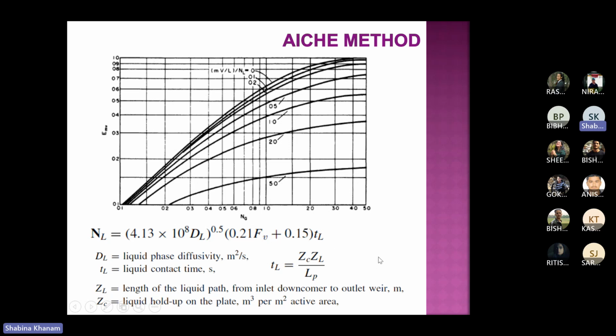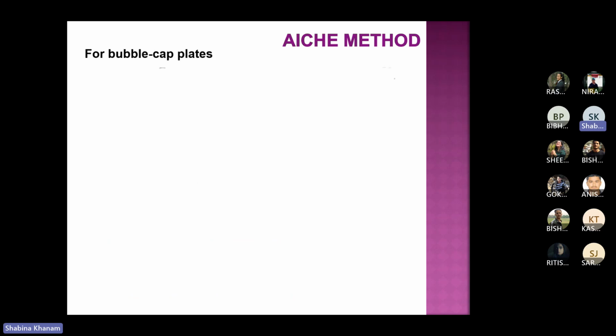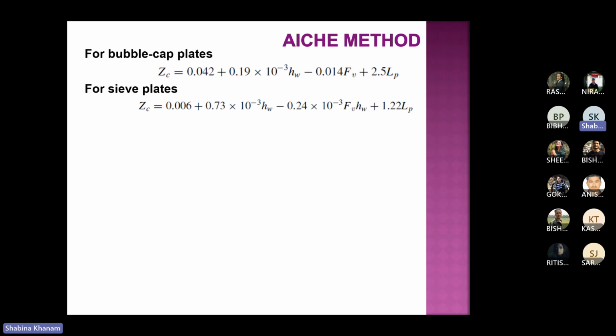Here we need to find out ZC, that is the liquid hold up over the plate, and as I have told you, it depends on the type of plate. We will have bubble cap plates and sieve plates. I don't know whether you know these plates or not, but we will cover that in subsequent lectures: what is a sieve plate, a bubble cap plate, and there is another plate which we call a valve plate or valve tray.